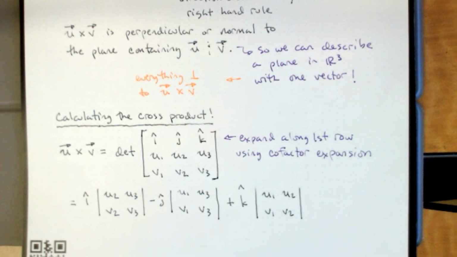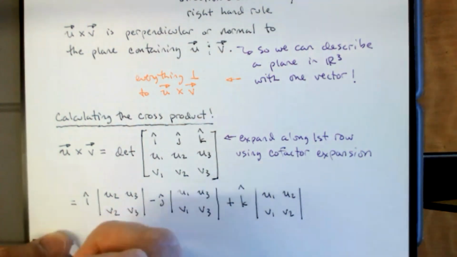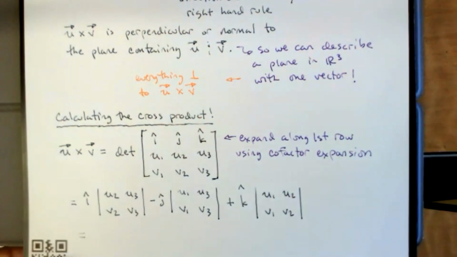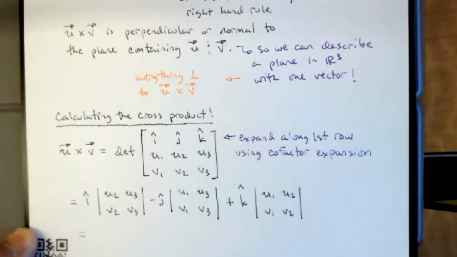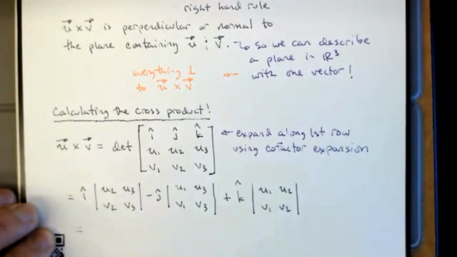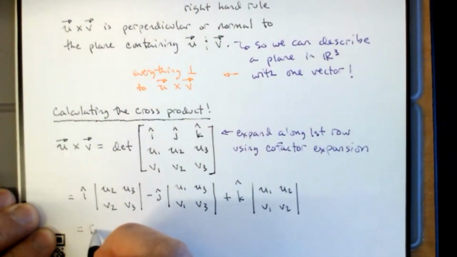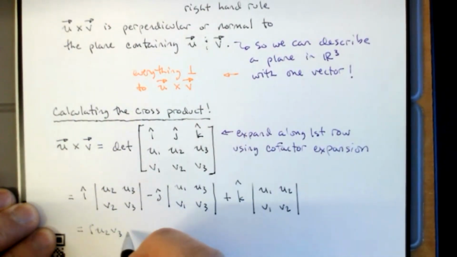Now we just need to calculate all the minor determinants. And we do that by multiplying down the main diagonal and subtracting the off diagonal. So this first minor is going to be u2 times v3 minus u3 times v2. So the first term in our cross product is going to be u2v3 minus u3v2 times i.